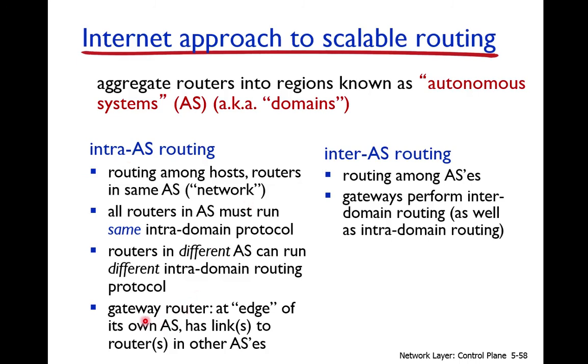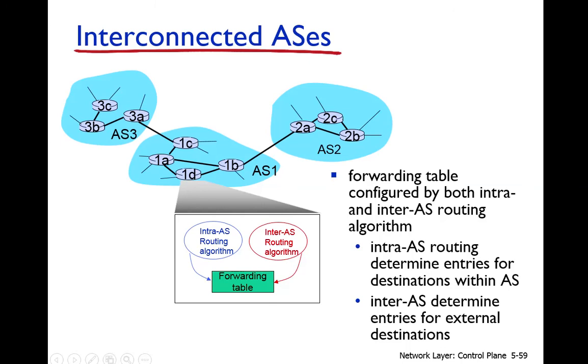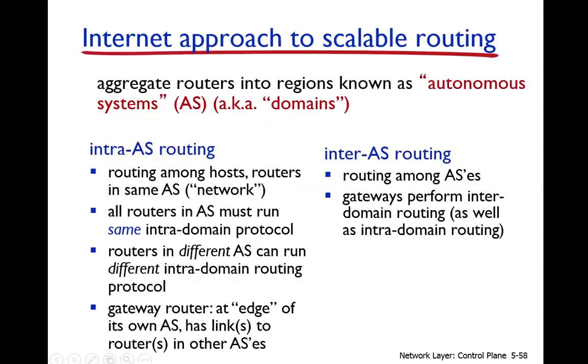And second, we may have gateway routers, which are the routers at the edge of their own autonomous system, that is, they have links to routers in other autonomous systems. So a gateway router is a router connected to two or more autonomous systems. Okay, so I think this gateway router topic is clear. It is normally at the edge because it connects one autonomous system with another autonomous system.